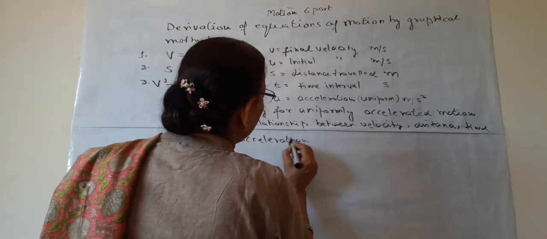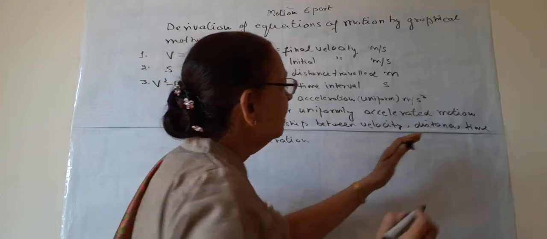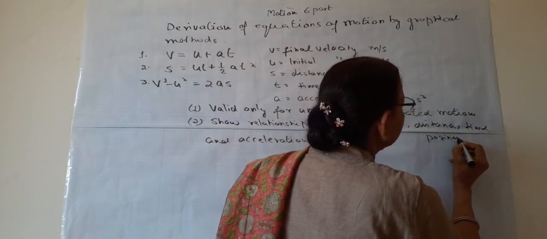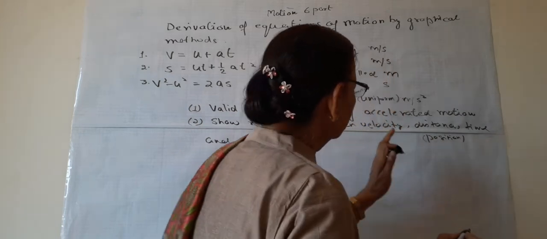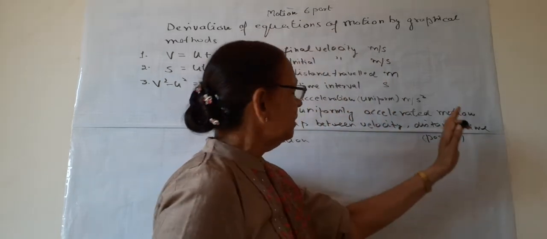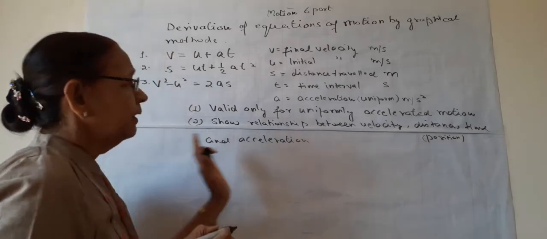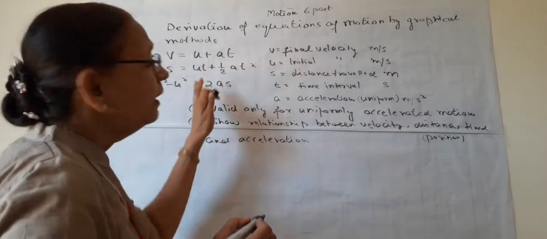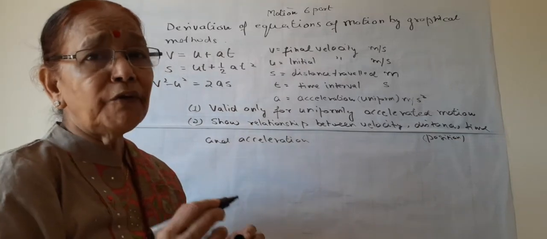By distance we know the position of the object. So the relationship between these four, velocity, position, time and acceleration, is given by these three equations of motion.